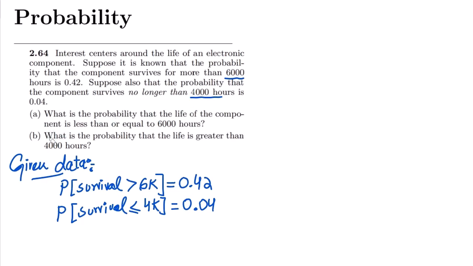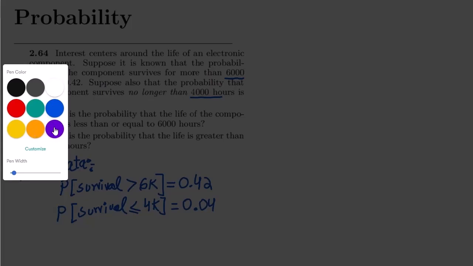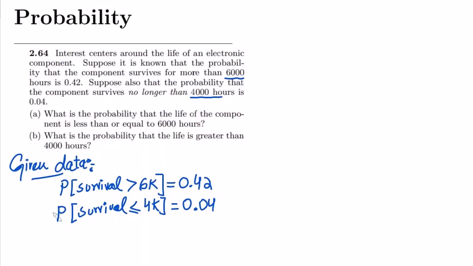On the basis of these conditions, we have to find the solutions. Let me write what we have to find out. In part A, I have to find the probability that the life of a component is less than or equal to 6,000 hours. So I have to find the probability that survival is less than or equal to 6,000 hours.